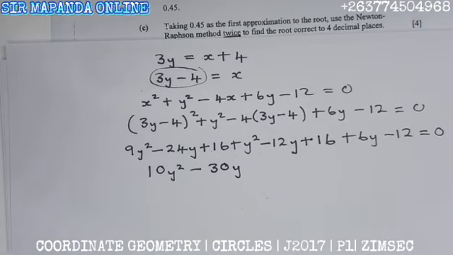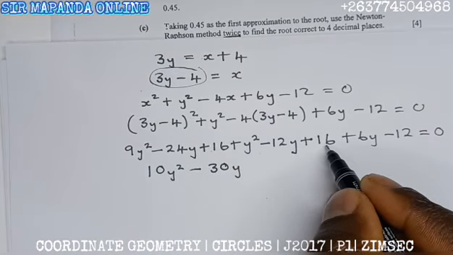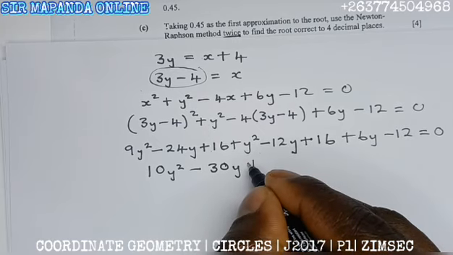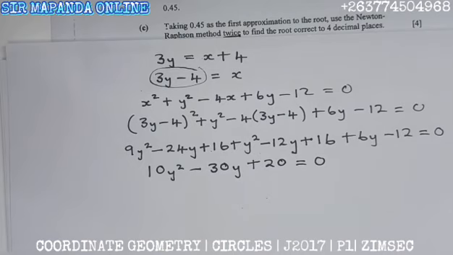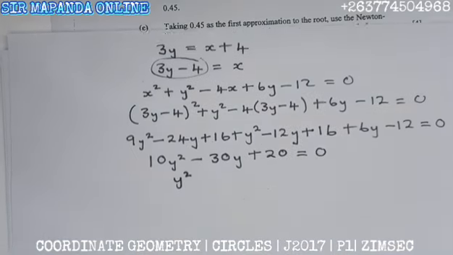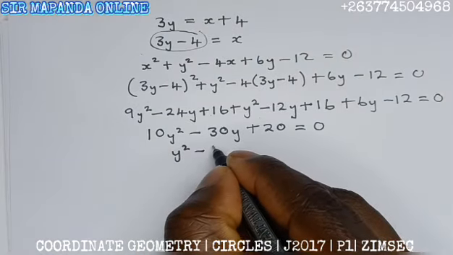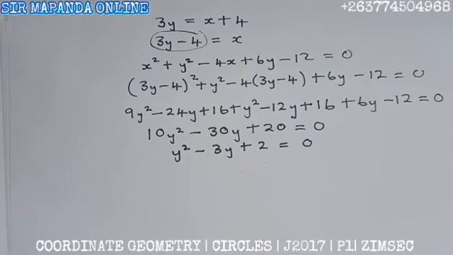Then 16 plus 16 minus 12, you get 20. 16 plus 16 is 32. 32 minus 12, you get 20. So you write plus 20 is equals to 0. Right. So this equation can be reduced dividing both sides by 10. You get y squared minus 3y plus 2 is equals to 0.